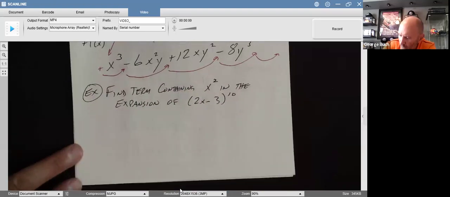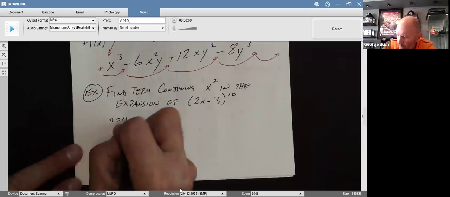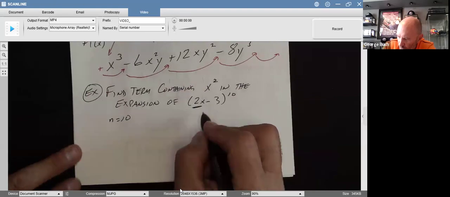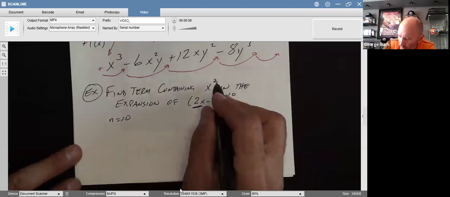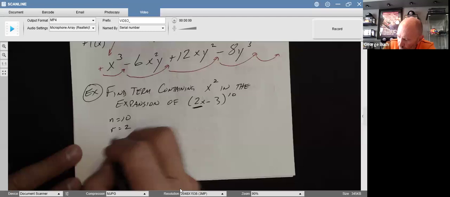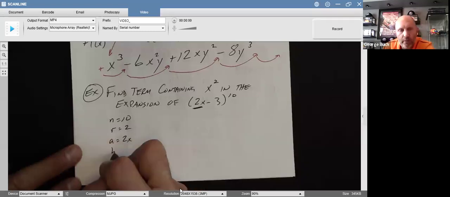All right, well, I know my n is 10. X is the a value here. So I want x squared, meaning my r is going to be 2. My a is 2x, and my b is negative 3.